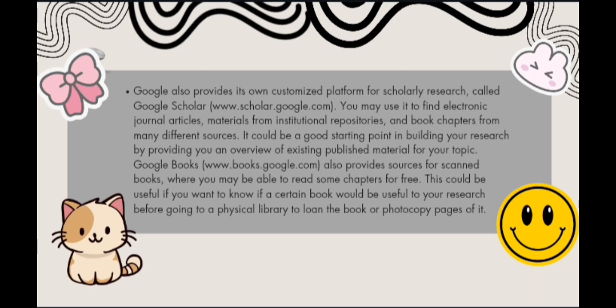You may use it to find electronic journals, articles, materials from institutional repositories, and book chapters from many different sources. It could be a good starting point in building your research by providing you an overview of existing published materials for your topic.